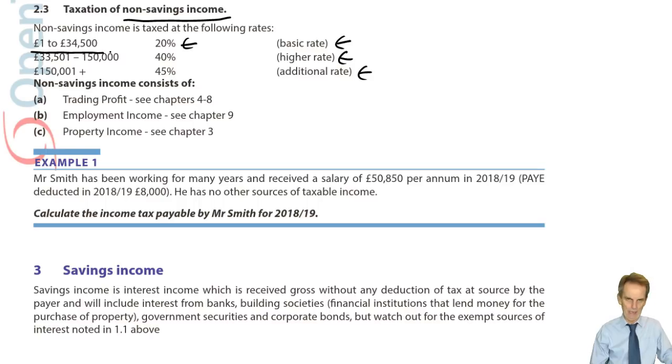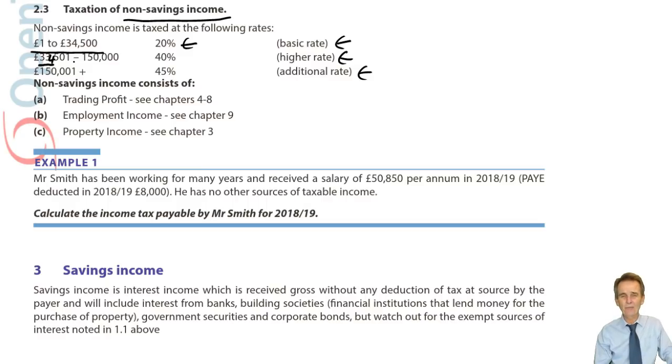Not too bad a rate of tax, we might think there. But of course, then things get rather worse for the taxpayer. As soon as we go above 34,500, oops, I'm just seeing there that says 33, that's last year's. That should be 34,500 there. When we go above 34,500 and then all the way up to £150,000, we're talking about higher rate tax.